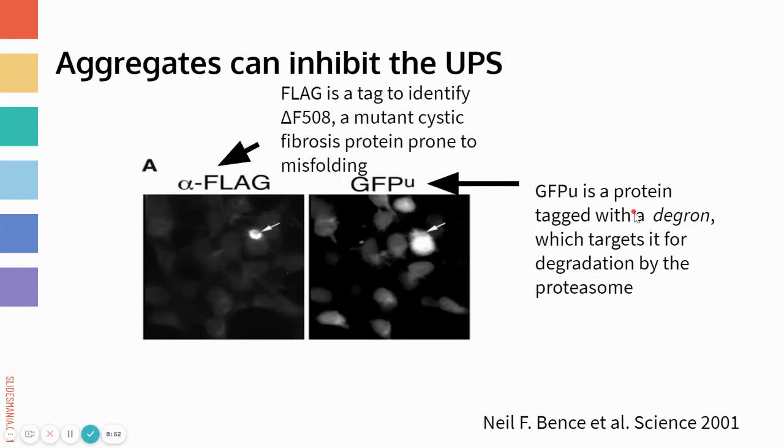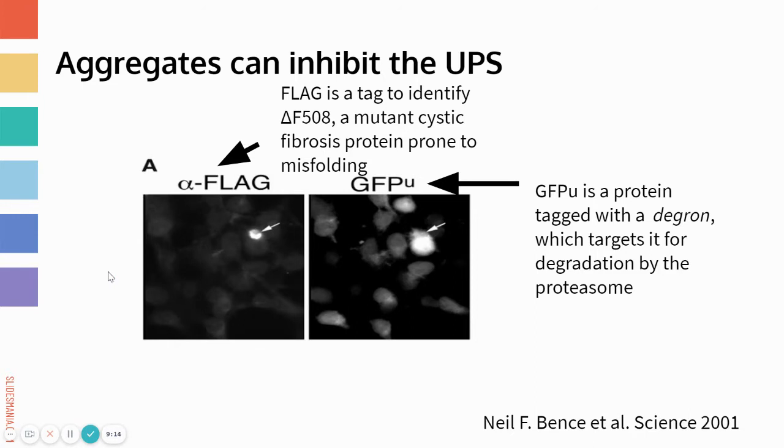So what we're looking at here is a cell line that has a couple things going on. In these cells, they've expressed a mutant cystic fibrosis protein. All of these cells have mutant cystic fibrosis proteins in them, and these proteins are prone to aggregation and misfolding.